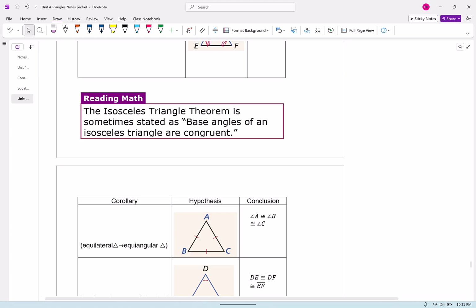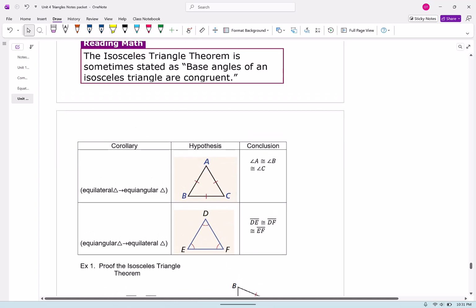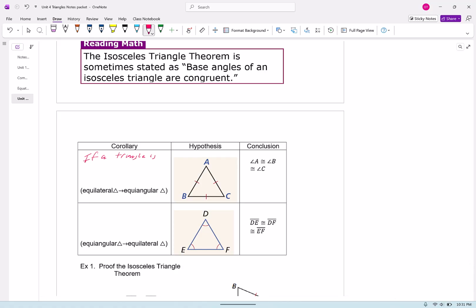Right here, if a triangle is equilateral, this is a corollary, then it is equiangular. Shouldn't be too shocking.